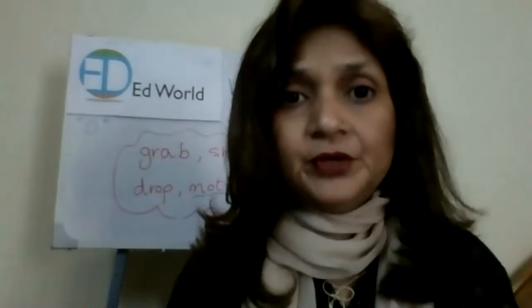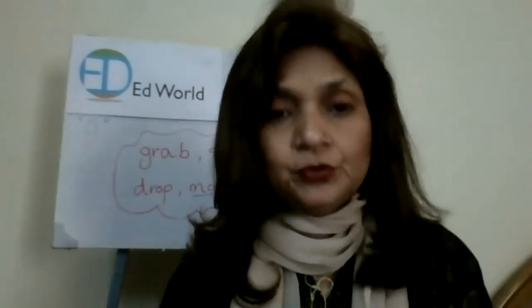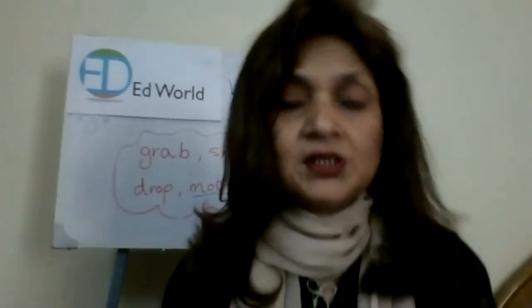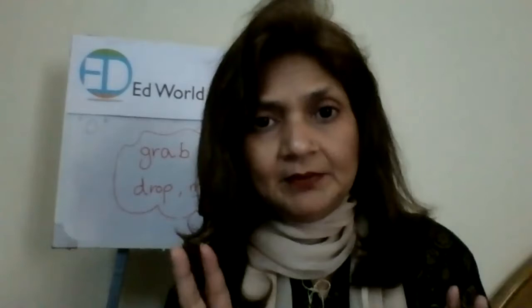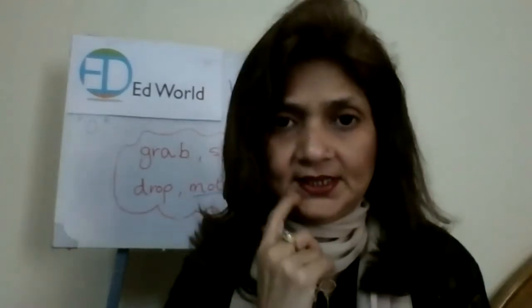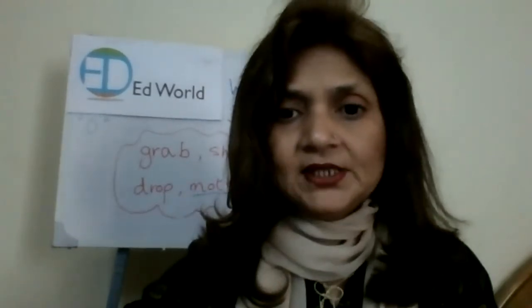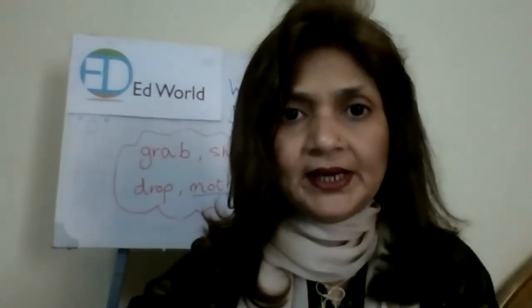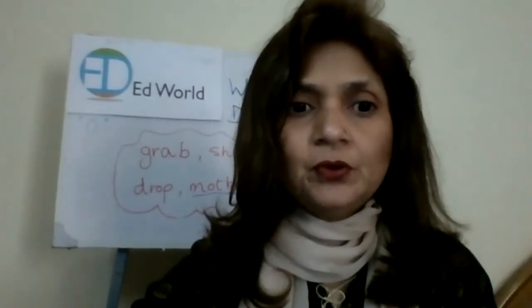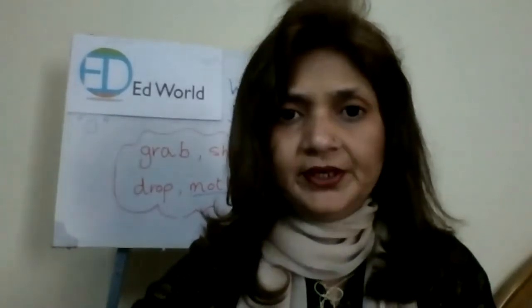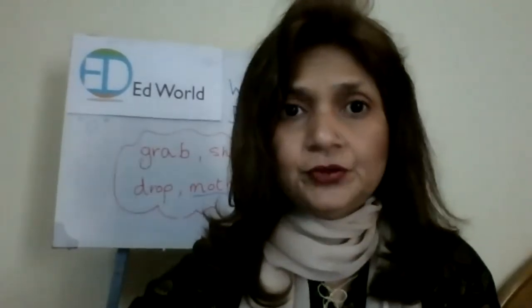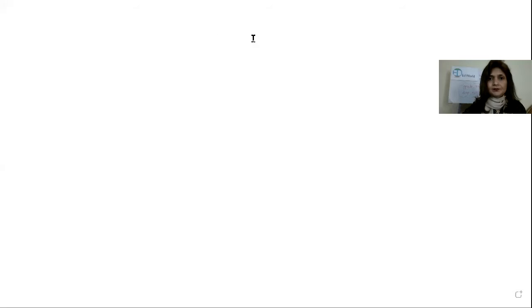Now what we are going to do? I am going to tell you how to use these two rhyming words in one sentence, right? Okay, now let's go. I'm going to write the sentence and explain it on my whiteboard over here so that it's clear to you all. Now, what is the first word?